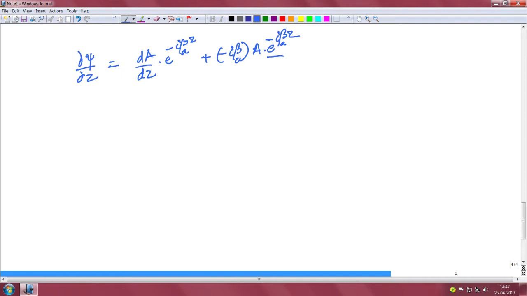So, the derivative of e power minus i beta z results in this factor, and the entire thing is multiplied by psi A. Similar expression for psi b.